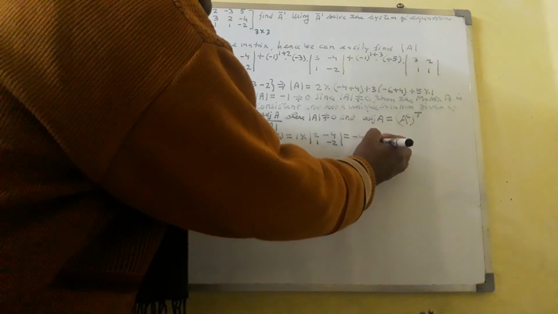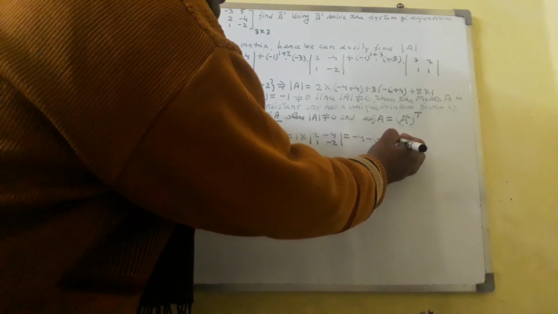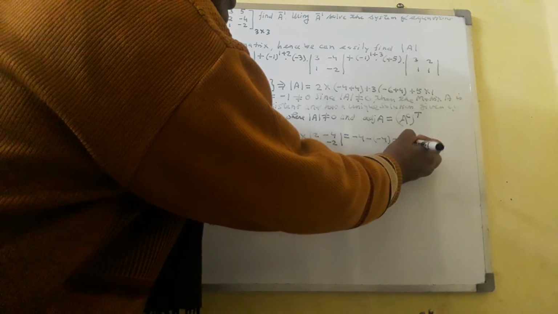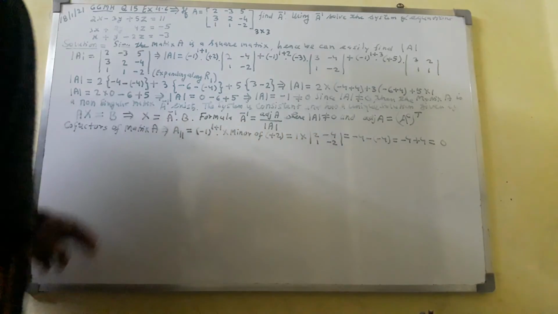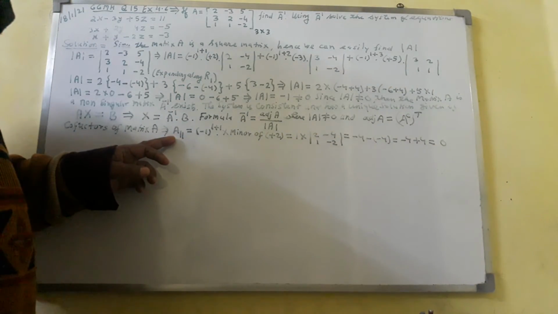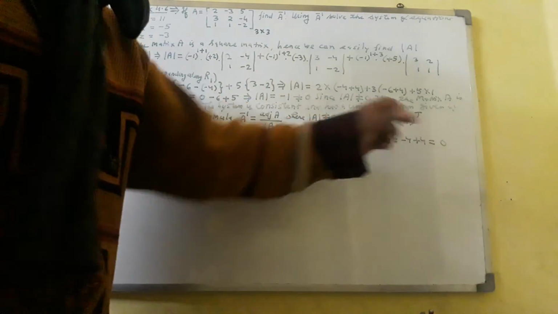So we will get -4 plus 4, comes out to 0. A11, you have got here 0.